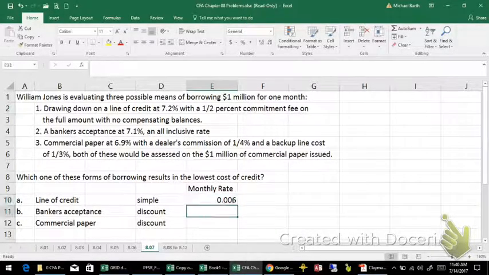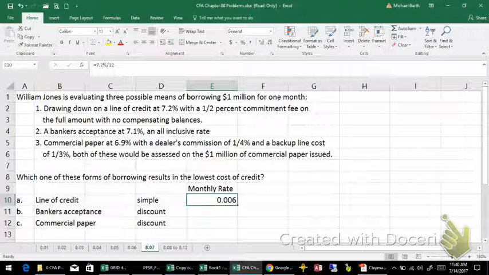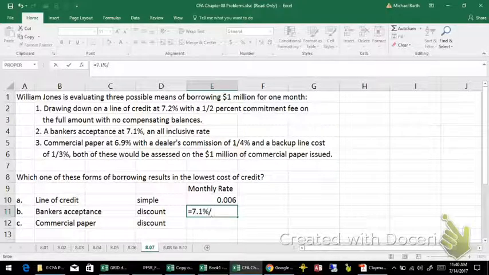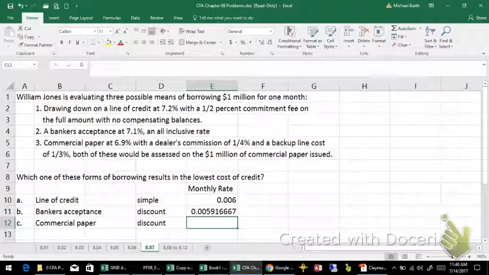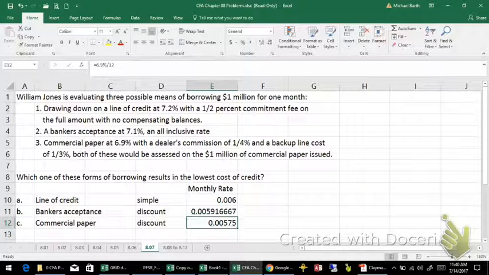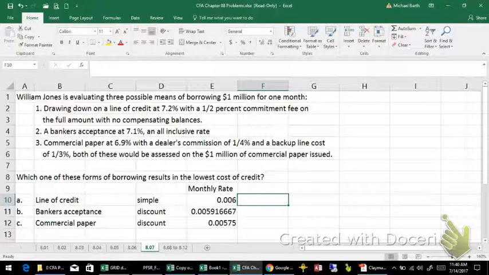Divide that by 12 to get one month's interest rate. The banker's acceptance is 7.1% divided by 12, and the commercial paper is 6.9% divided by 12. Now notice, since both of these are discount loans, you're going to have a higher effective rate than the line of credit loan.